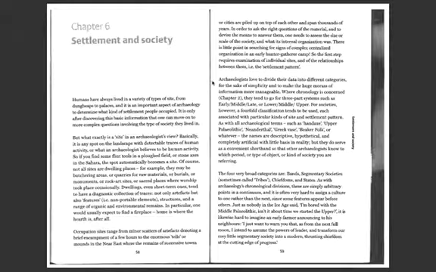Archaeologists love to divide their data into different categories for the sake of simplicity and to make the huge morass of information more manageable. When chronology is concerned, Chapter 2, they tend to go for three-part systems, such as early, middle, late, or lower, middle, upper. For societies, however, a fourfold classification tends to be used, each associated with particular kinds of site and settlement patterns.